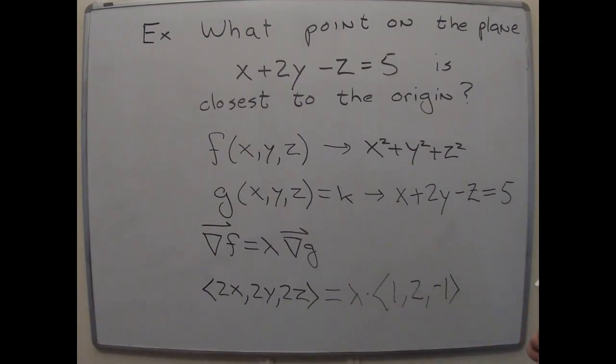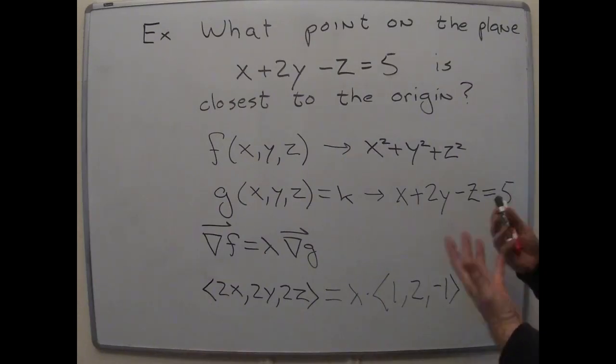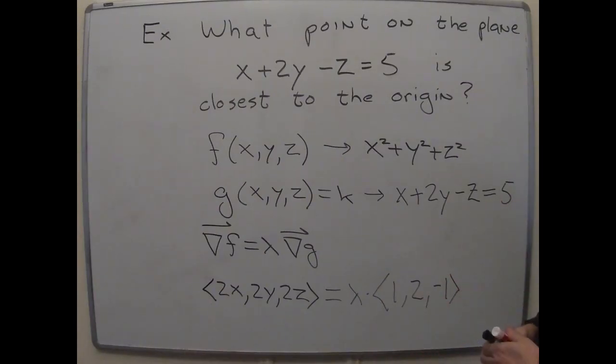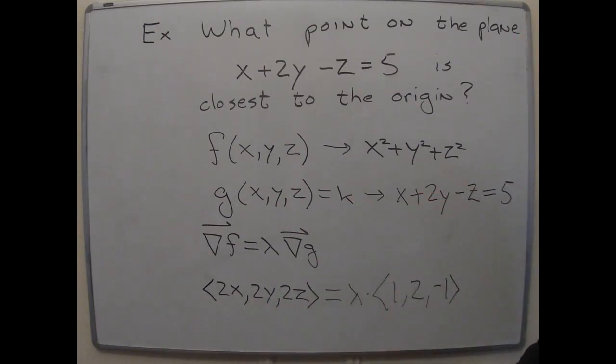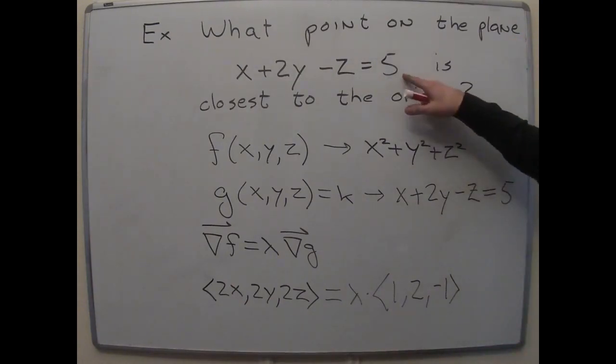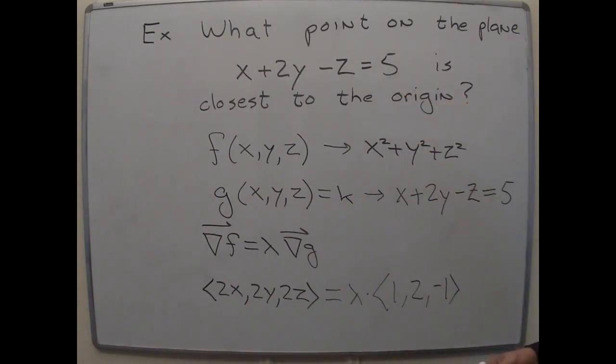I made a comment before that when you're doing these Lagrange things, all you care about is the directions of the vectors. So if there's a common factor in all three terms, you can just lose it. And I think I'm going to do that in this case. What else do we have? The constraining condition that x plus 2y minus z is equal to 5.